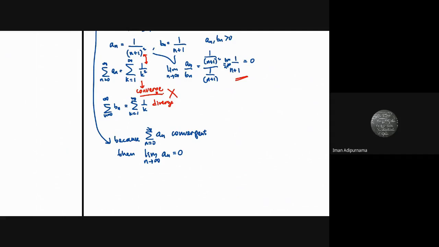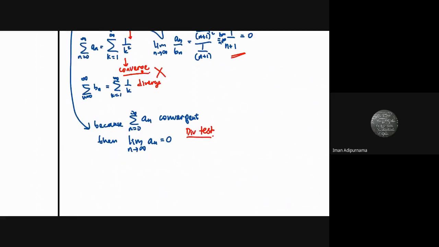This is by the divergence test. Okay, remember, if the limit of AN is 0, AN is not always convergent. But if the series is already convergent, the limit should be 0.